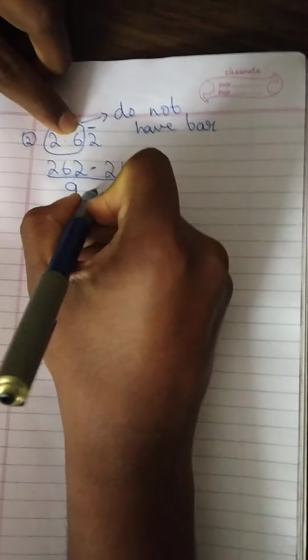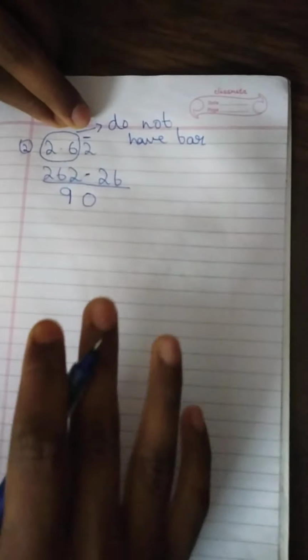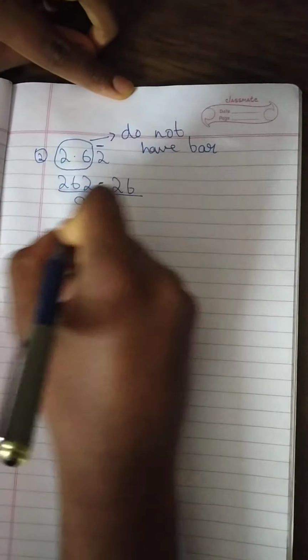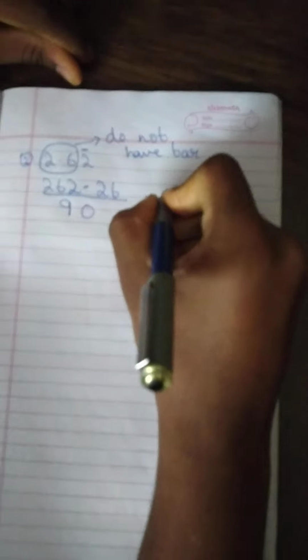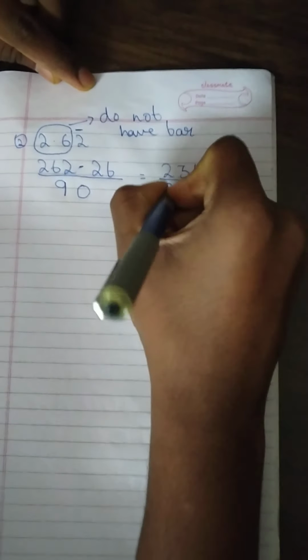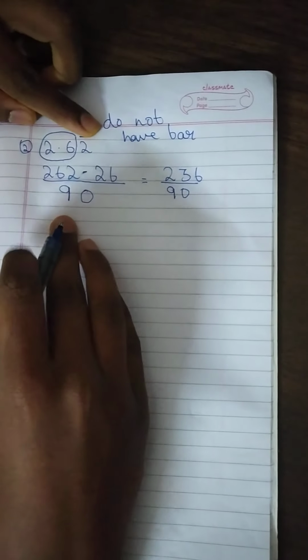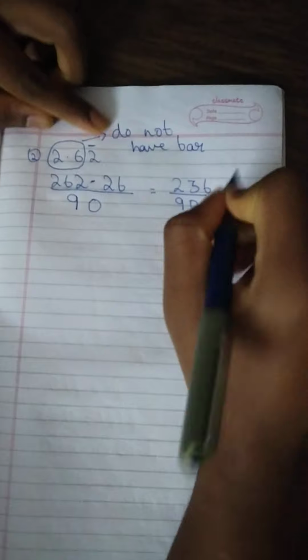Now this 6 is in the decimal but does not have a bar, so you should write 1 0. If there are 2 digits in the decimal which do not have a bar, then you should write 1 more 0, but here there's only 1, which is 6. Write 1 0. So 262 minus 26 is 236 divided by 90, and this is the value of x. So 2.62 bar can also be written as 236 divided by 90.